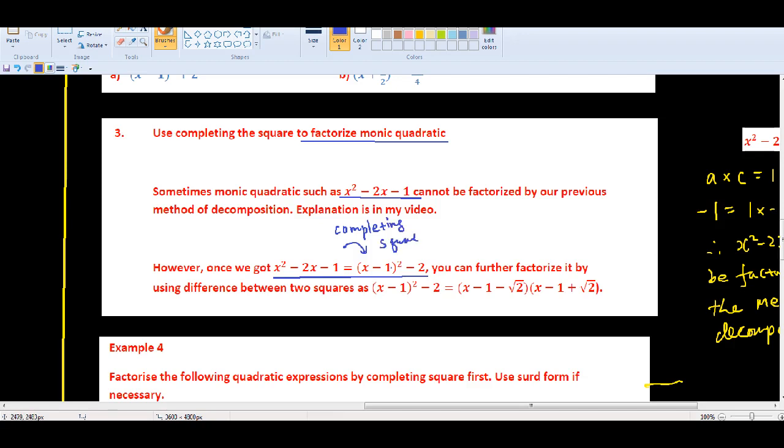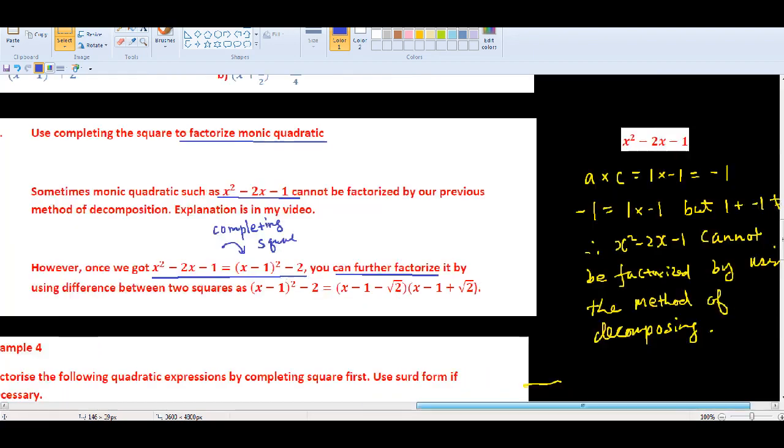So you got a square minus something, and that completing square form can enable us to further factorize this, because we have learned that in the last video. If you got a square minus a number, even though that number is not a square number, we can still try to use the short form.